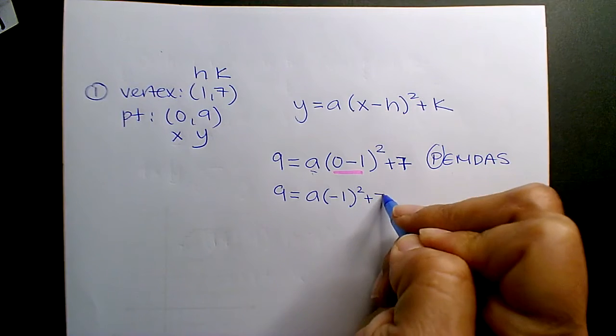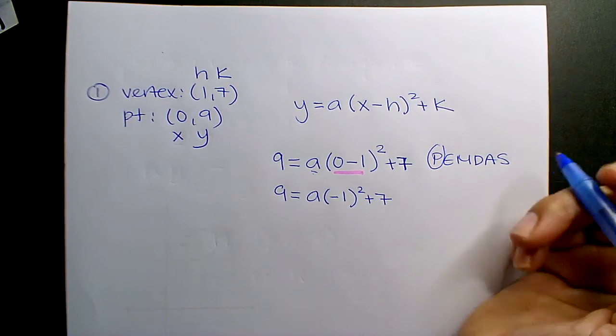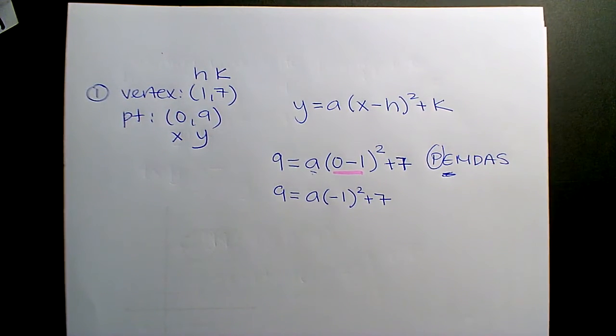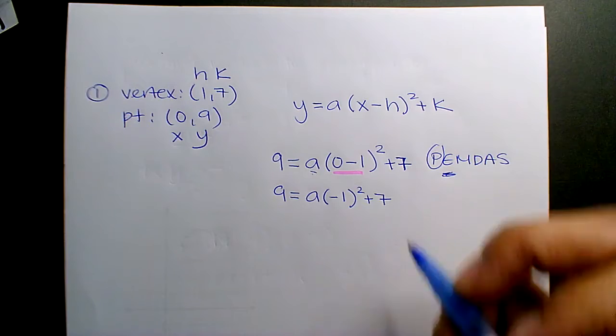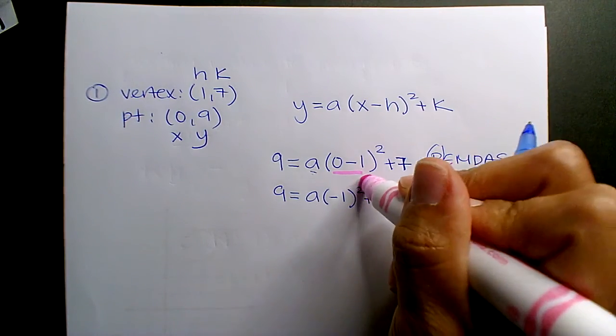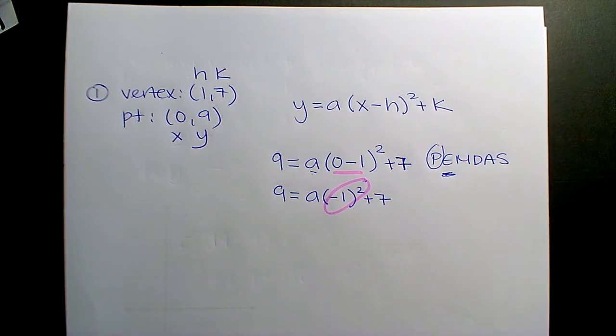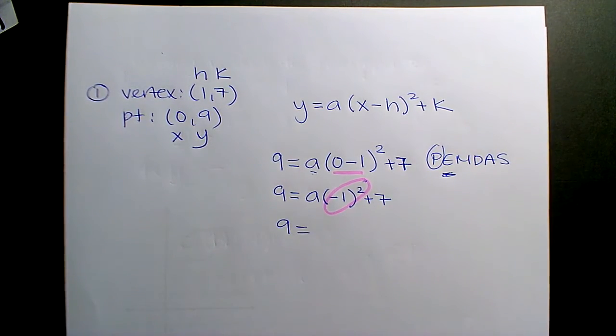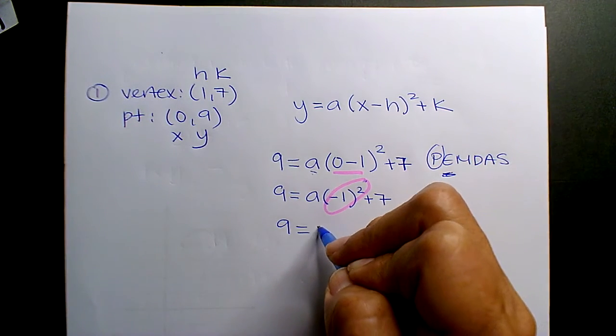Negative 1, right? Okay, so now, what's the next letter? E, exponents. So, this. And so you get 9. And what's negative 1 squared? 1. And so I'm going to write the 1 just to be really extra.